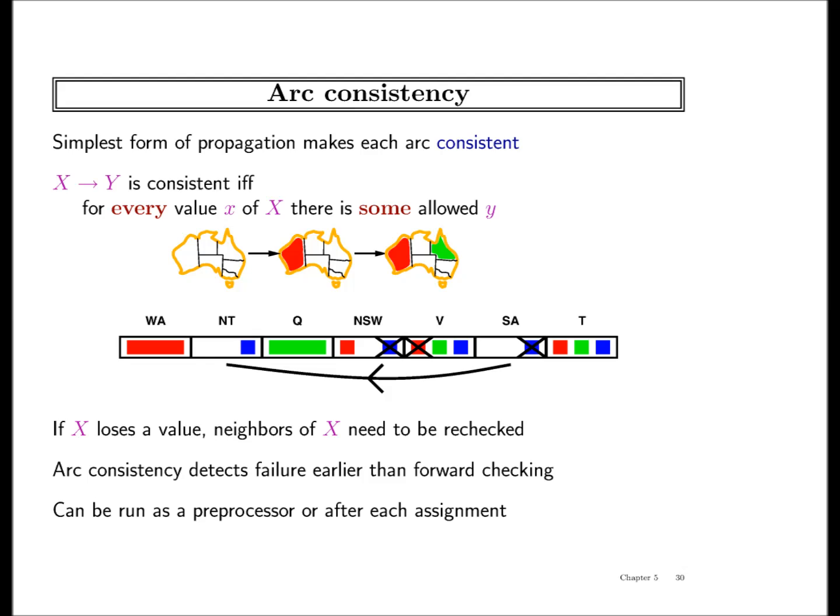But as soon as I remove a value from x, it's no longer d. So we are also reducing the domain size. So you can do the math, and what you will find is that it takes n squared d cubed.